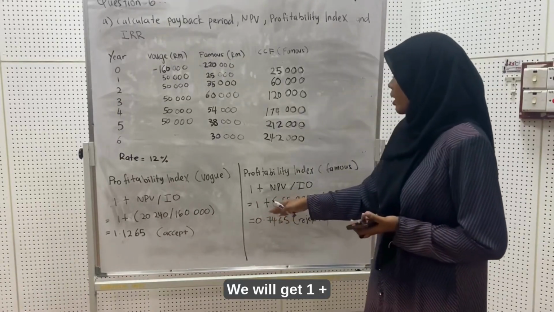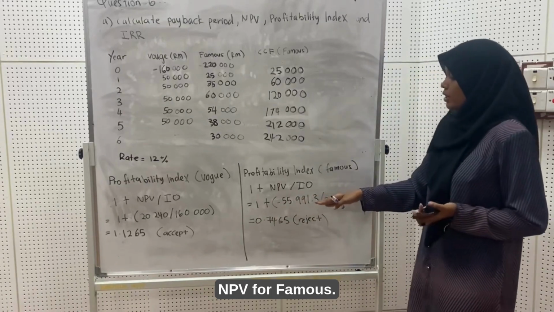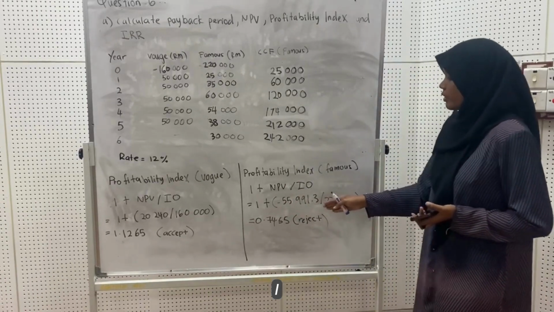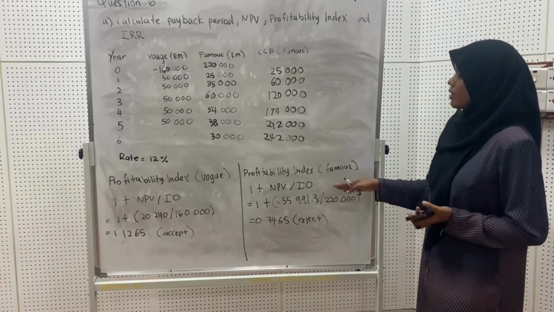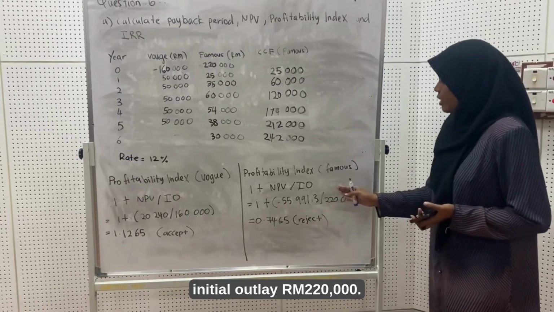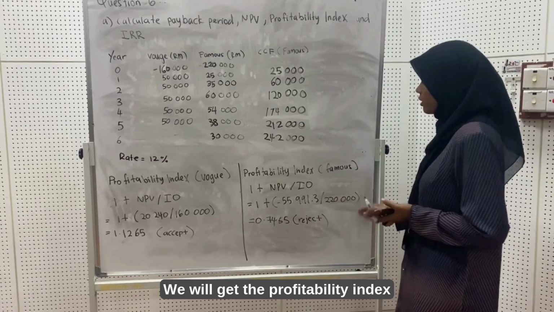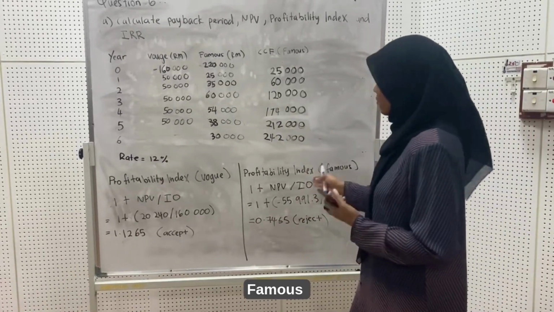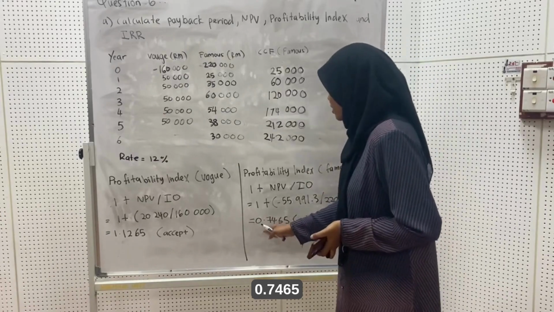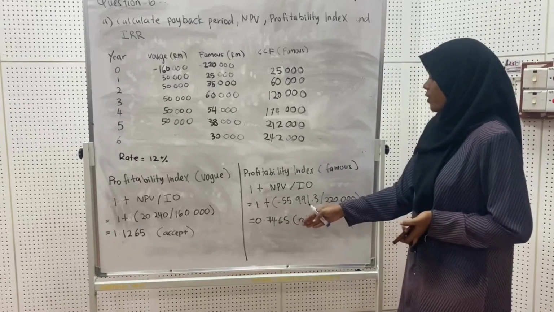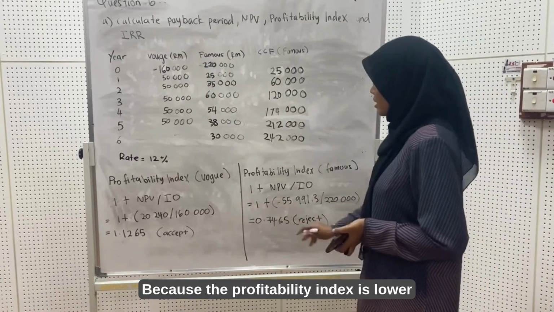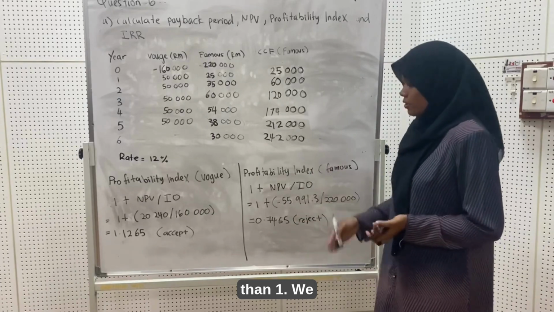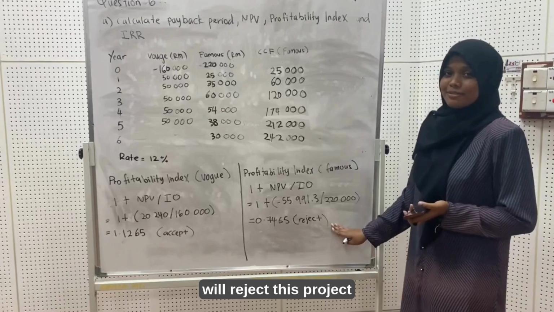We will get 1 plus the NPV for the famous, that is negative 55,991.3, divided by the initial outlay, that is 220,000, and we will get the profitability index for famous, that is 0.7455, and because this is lower than 1, we reject this project.